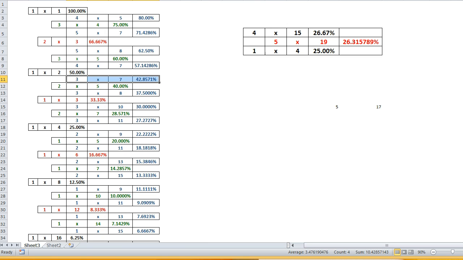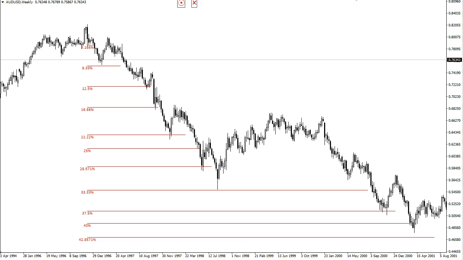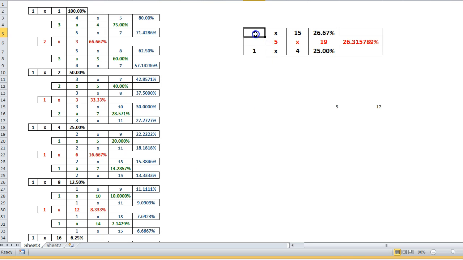So for that you need to get the halfway between them. 42.8571 is coming from 3 divided by 7, and the 40%, which is 2 divided by 5. So the halfway between both is 41.66, which is coming from 5 divided by 12.